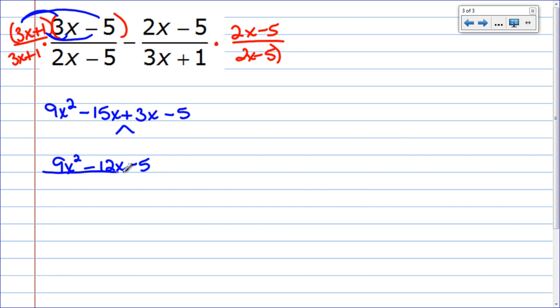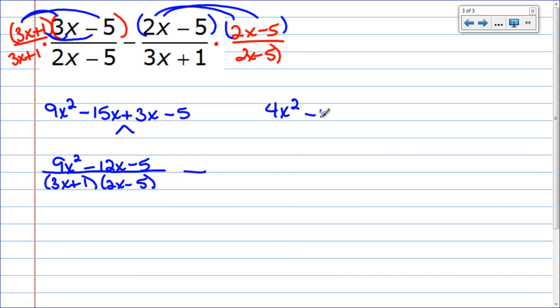And then my denominator I'm not going to multiply out. I'm going to have 3x plus 1 times 2x minus 5, minus. Now this one I have to do the same thing. Just like I did, I'm going to have to do 2x times 2x, which makes 4x squared. Then 2x times negative 5 makes minus 10x.